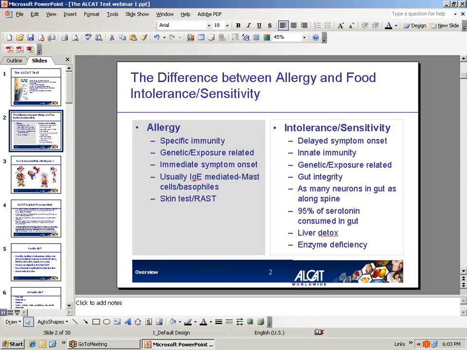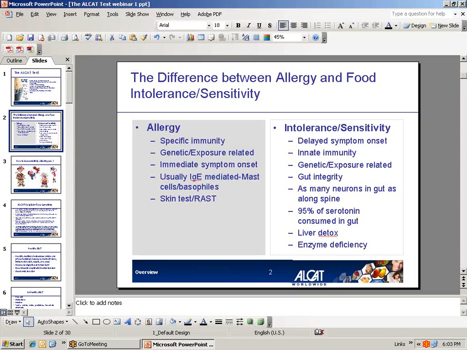So it gives you information about how much a given food has been eaten over the past couple days to weeks, and will give you information about the sensitivity of that food for short reactions.